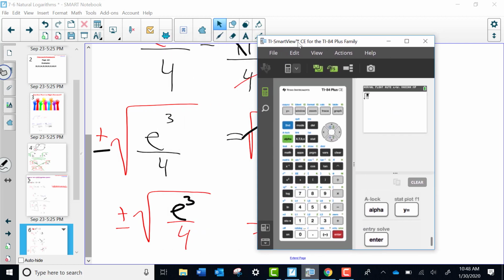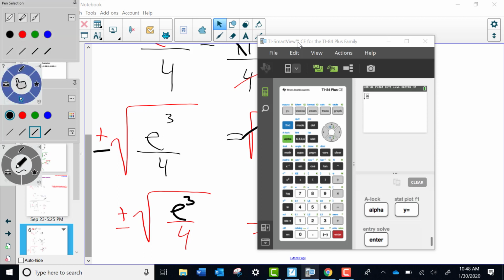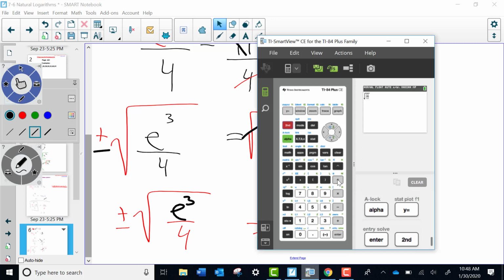Then in our numerator, we'll put e to the third. Second, e raised to the third.